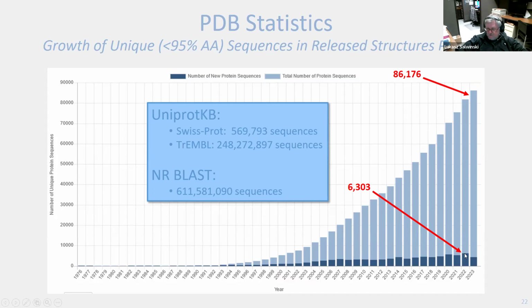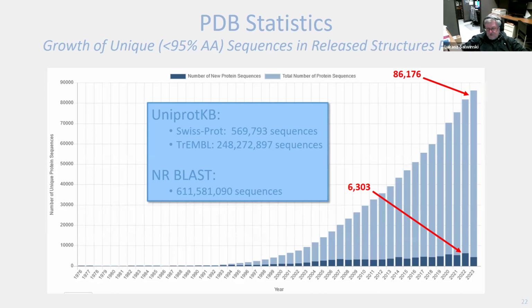If you look at the recent rate, we're adding about 6,000 or so unique structures for unique sequences per year, but we're adding about 10 times more sequences. So the ratio of sequences to structures is about 10 to 1 or so, and that's a problem: we can't determine structures for all the incoming sequences. So you've got to resort to predictions.